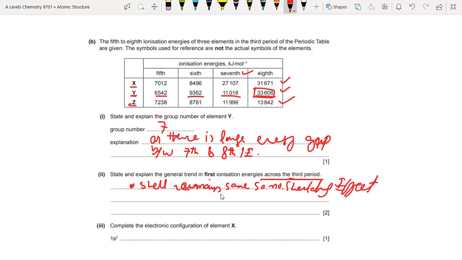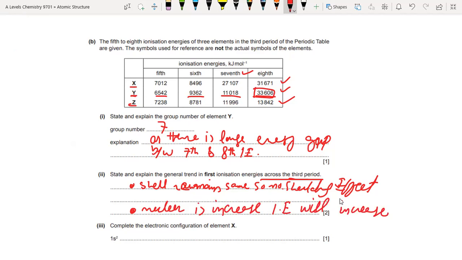Okay. Number 1. Nuclear charge is increasing. Ionization energy will also increase. Did you get the points?